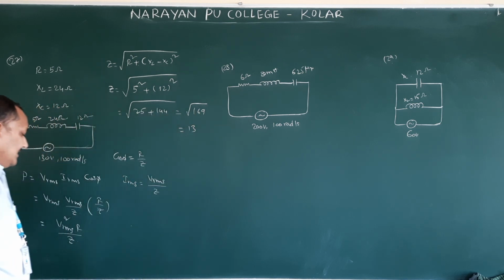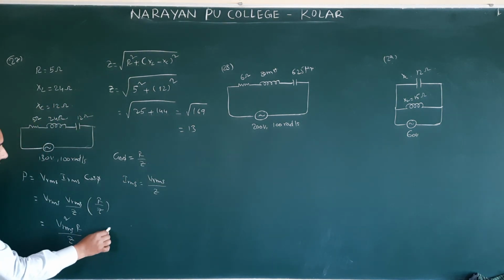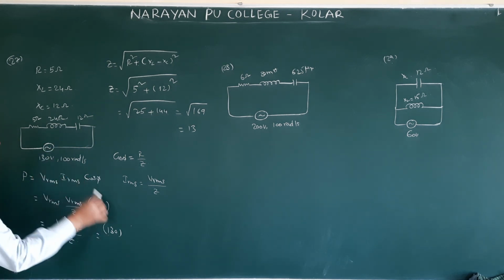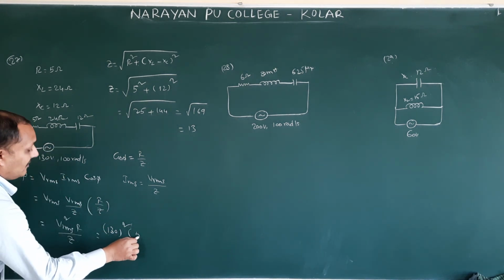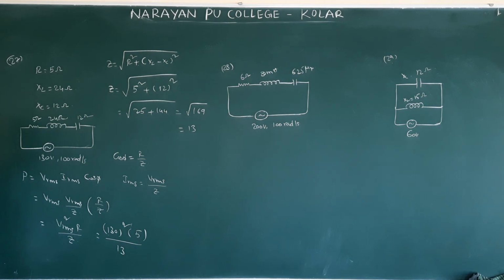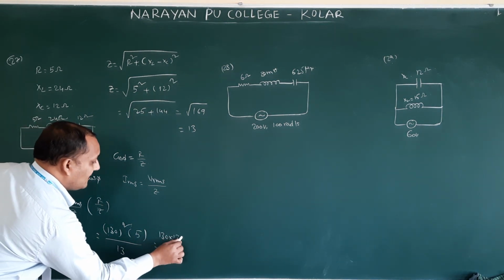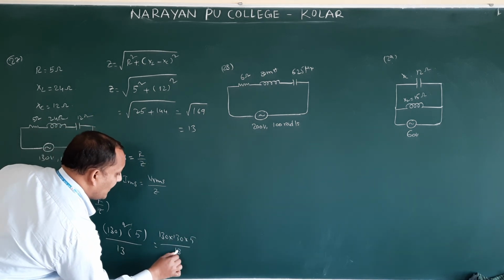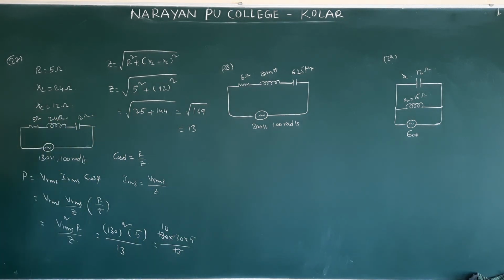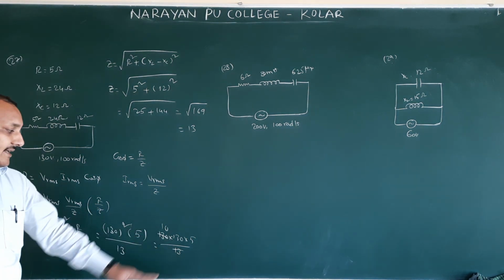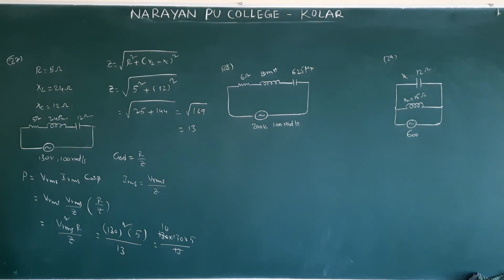That is nothing but 13. Z value is 13. So 130 whole square into 5 by 13. This one, 130 into 5 by 13, so 10 times it is going to be cancelled. Then you will be getting power. Just see how to multiply. After multiplying you will be getting the answer, you can check.